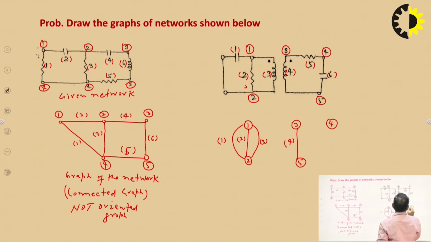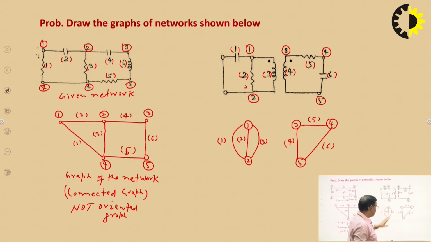Branch number 5 is between 3 and 4. And branch 6 is 4 and 5. Okay. So this is the graph of the network.